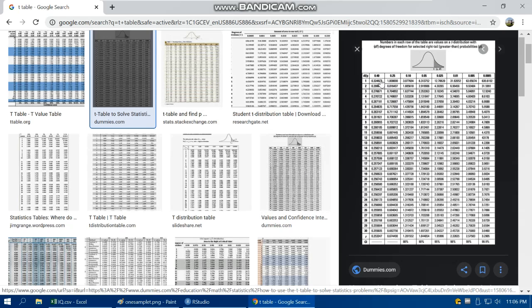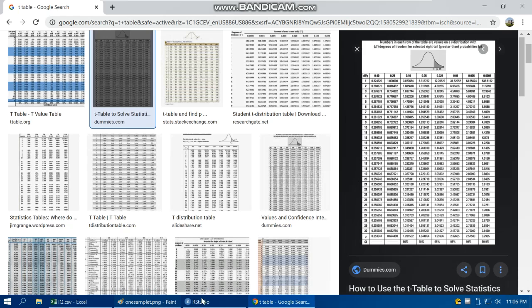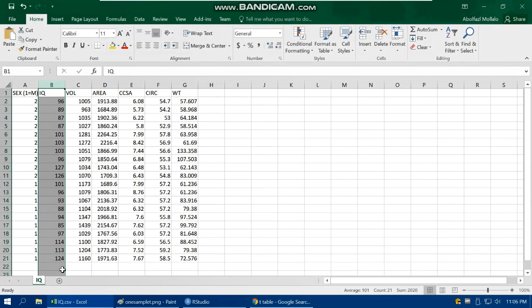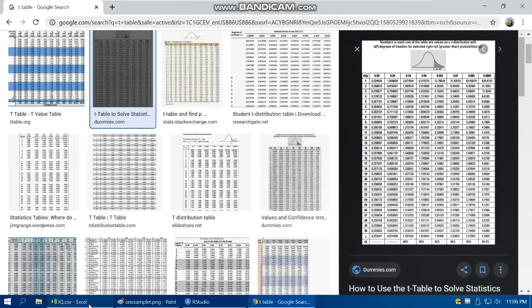But if you look at the degree of freedom, it is n minus 1. We have n as 20, so n minus 1 will be 19. So if I look at degree of freedom 19, and we are going to do this test at the 95% confidence interval, the significance level will be 1 minus 0.95, which is 0.05.